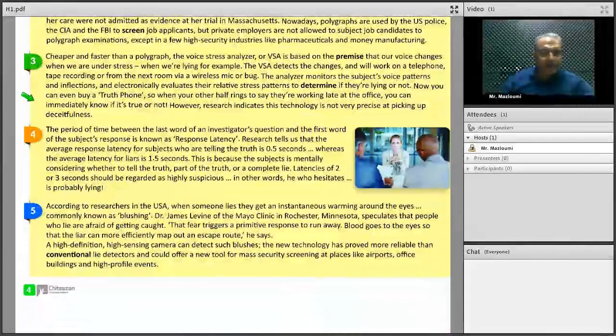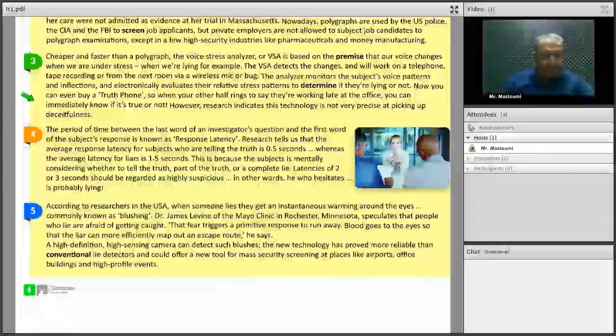Number three, cheaper and faster than a polygraph, the voice analyzer or VSA is based on the premise that our voice changes when we are under stress, when we're lying, for example.